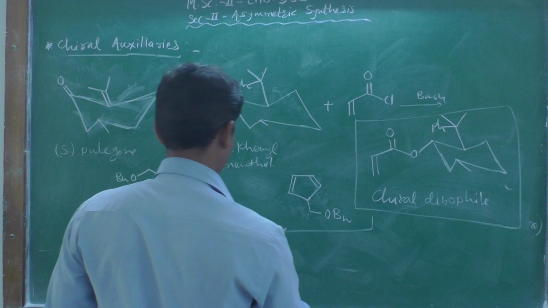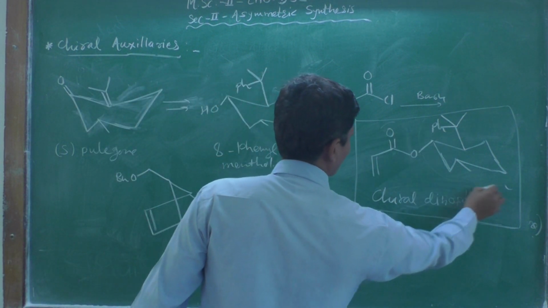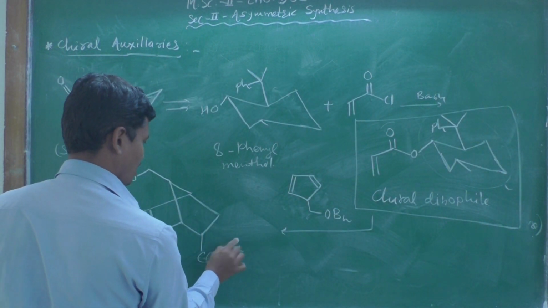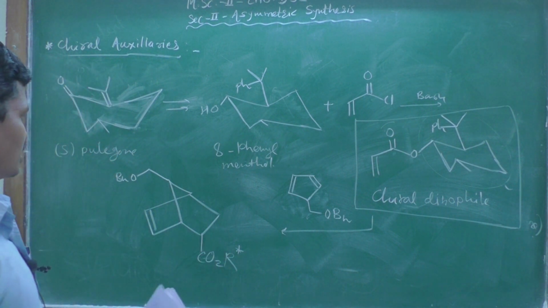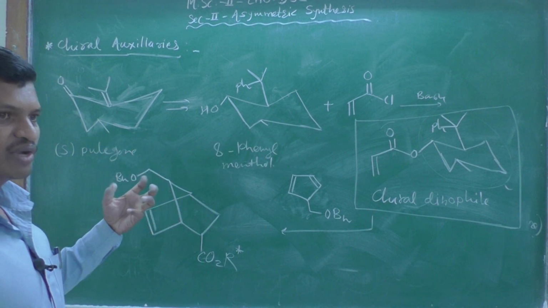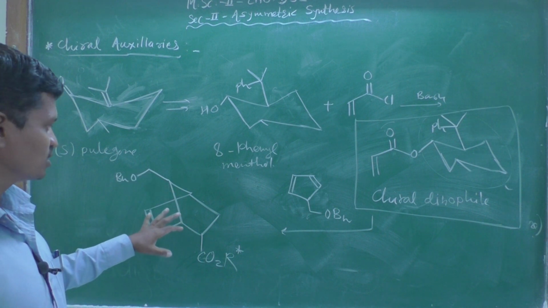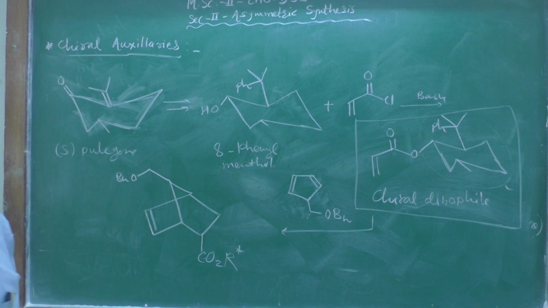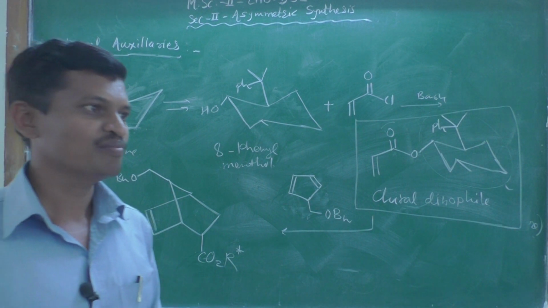R means this whole chiral auxiliary group; I am writing it in short as the R group. Due to this chiral auxiliary, the stereochemistry is controlled here, and we get only one enantiomer which is enantiomerically pure. So this is the use of chiral auxiliary in the concept of asymmetric synthesis.